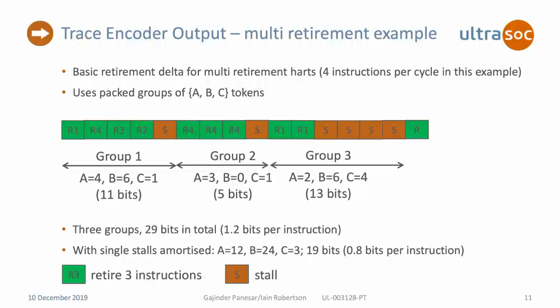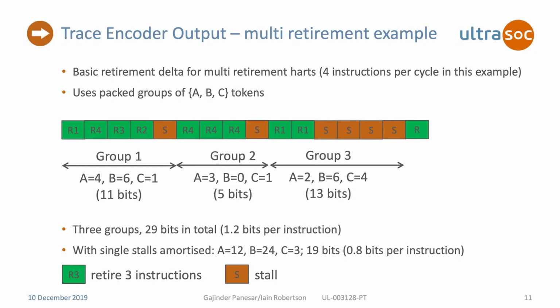So in this case, it's a single group of 13 bits, so far more efficient. We're now down to 1.4 bits per instruction instead of 2 bits. We've lost a little bit of precision, but if you're mainly interested in the larger stalls, then that's a reasonable trade-off.